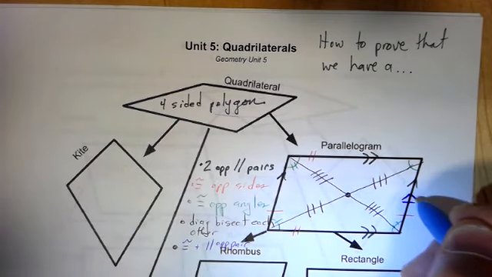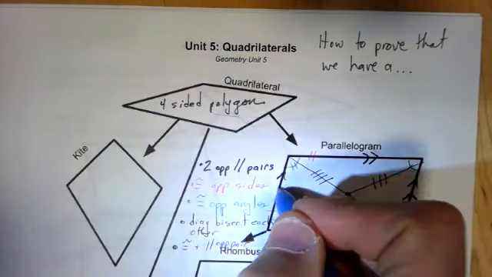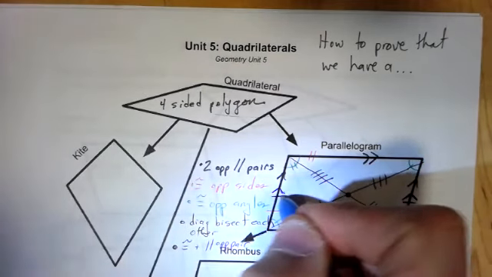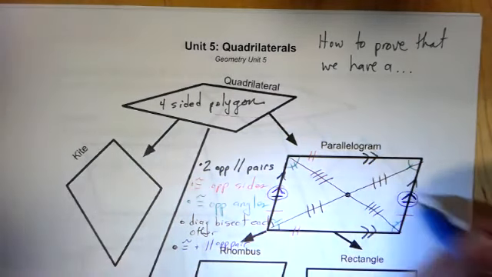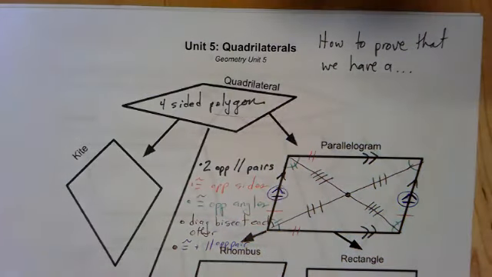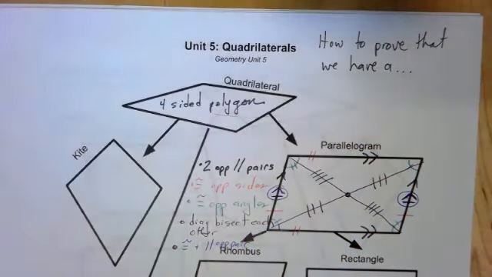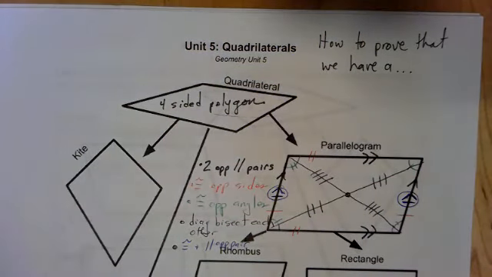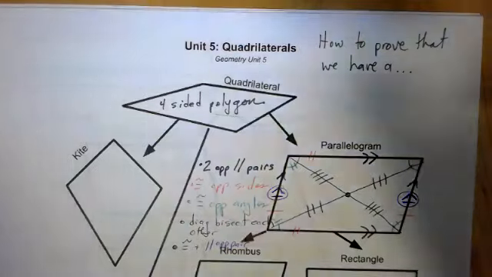So I'm making this in blue, so it's parallel and congruent. So if one pair of sides is both parallel and congruent, then we know we have a parallelogram. So lots of different ways for the parallelogram. I know this is pretty cluttered. The other ways that we're going to use here for the rhombus, rectangle, and square are not going to be as cluttered.